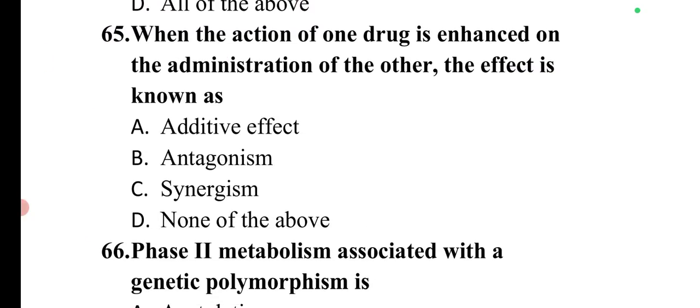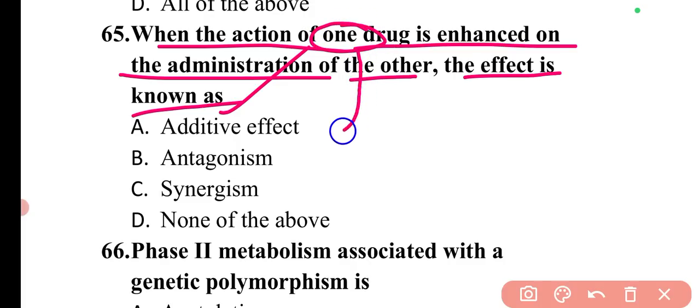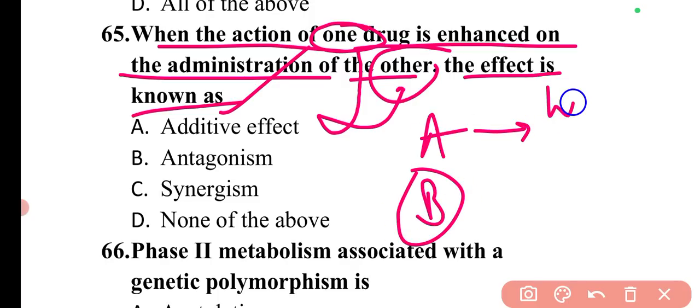The next question is: when the action of one drug is enhanced on the administration of another drug, the effect is known as. When one drug increases the effect of another drug which is given along with it, for example there is A drug and B drug, and A is producing some hypoglycemic effect, meaning it will lower the blood glucose level.